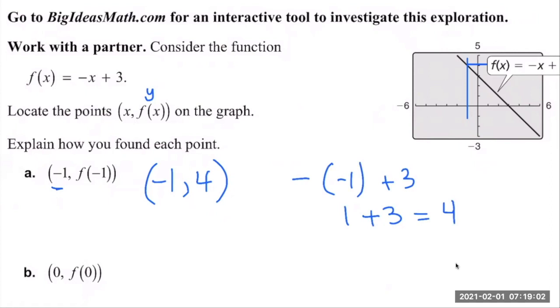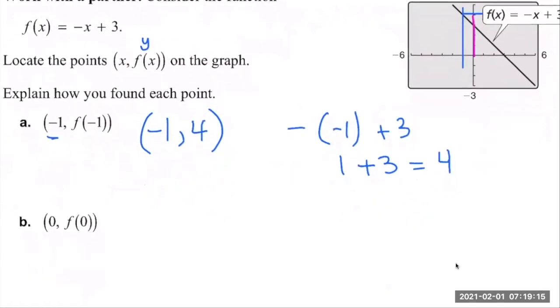All right, let's do the next one together. So we are right on 0. If I can draw right on 0, that would be helpful. All righty, so right on 0, we can see we run in at 1, 2, and 3. So it's 0, 3. Again, plug it into the equation if you don't trust it.